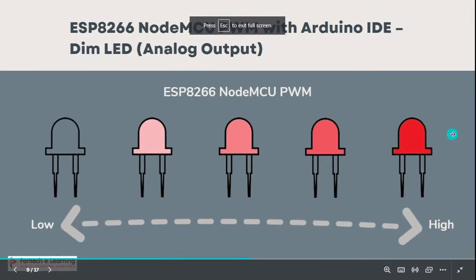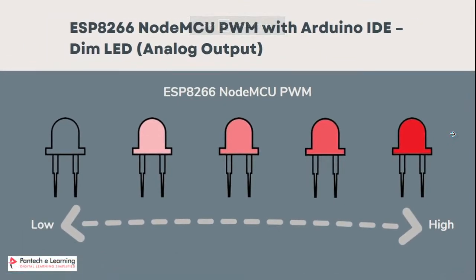Okay. So now we are going to see ESP8266 NodeMCU pulse width modulation with Arduino IDE. We are going to use ESP8266 NodeMCU, and we are going to adjust the brightness of the LED using pulse width modulation.